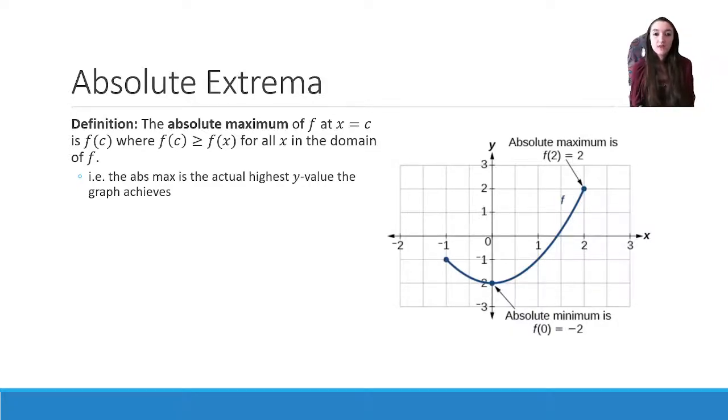So here we have the absolute maximum of f at x equals c is f of c, where f of c is greater or equal to f of x for all x in the domain, not on some interval like before. That's the difference. The relative mins and maxes were on some interval, some local area around.